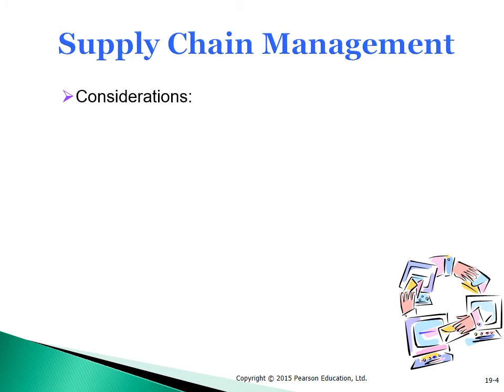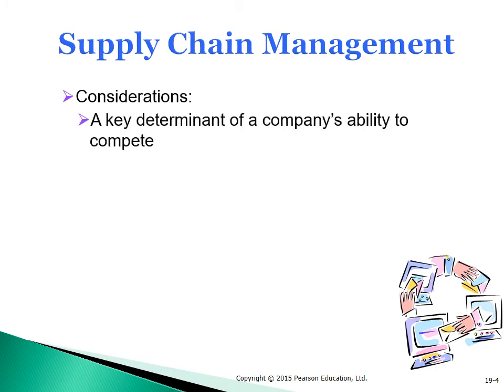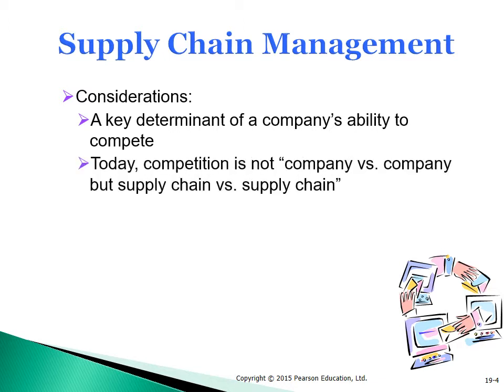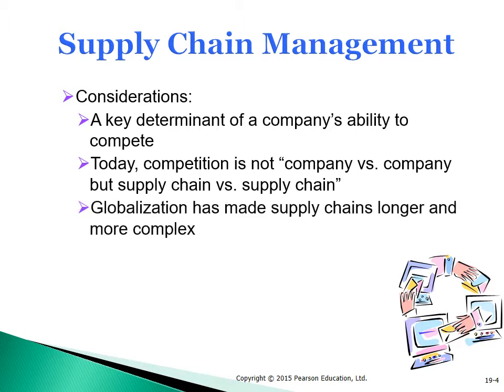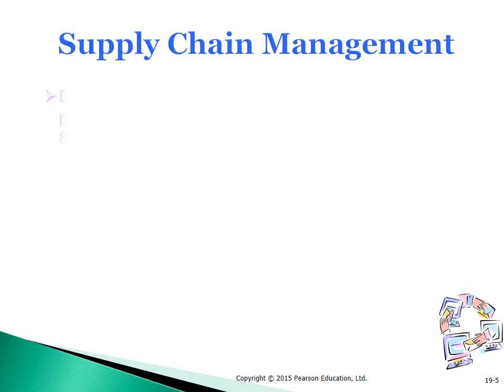Okay, there are a few considerations on supply chain management. A key determinant of a company's ability to compete. Today, competition is not company versus company, but supply chain versus supply chain. Globalization has made supply chains longer and more complex. Global purchasing increases risk.